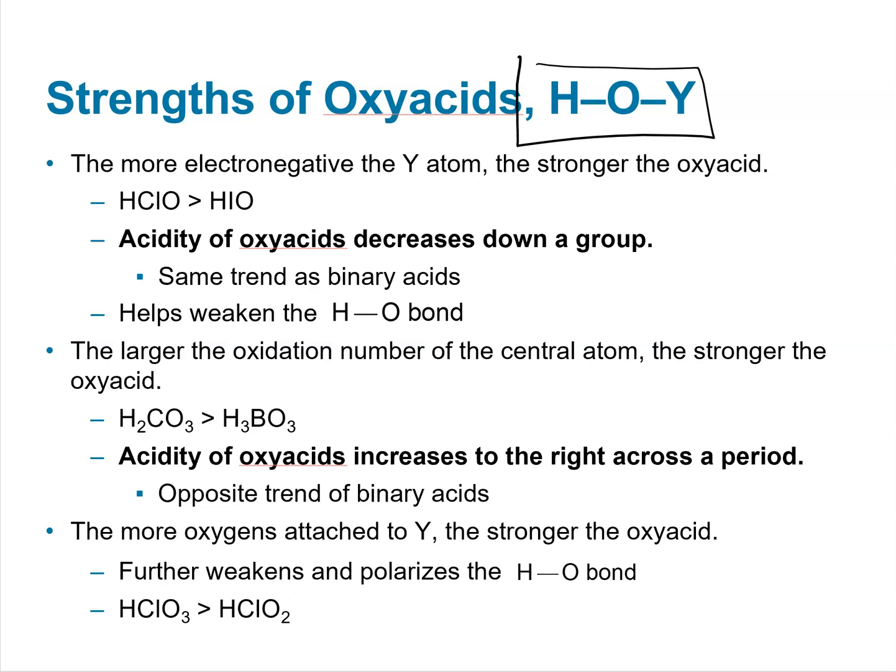And this is going to be a good explanation as to why the acid with the chlorine is going to be stronger than the acid with the iodine. So the acidity of your oxyacids are going to decrease as you go down in groups, just like in binary acids, because this helps weaken the bond between the hydrogen and the oxygen.